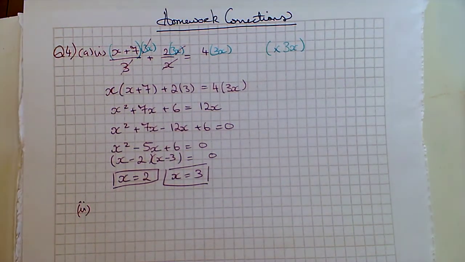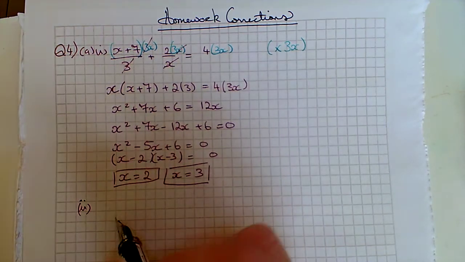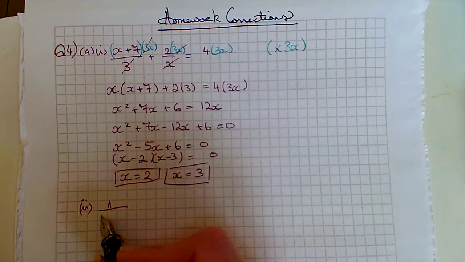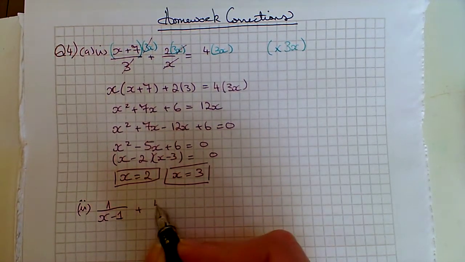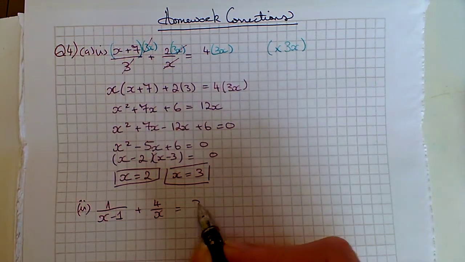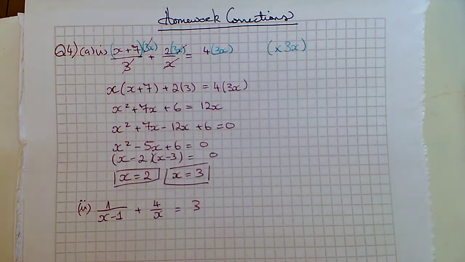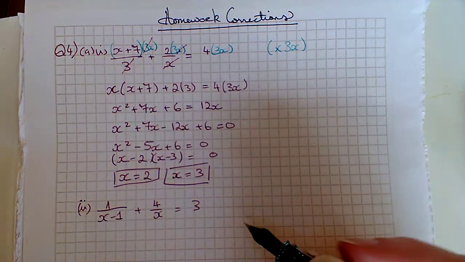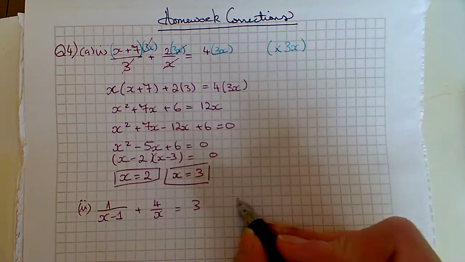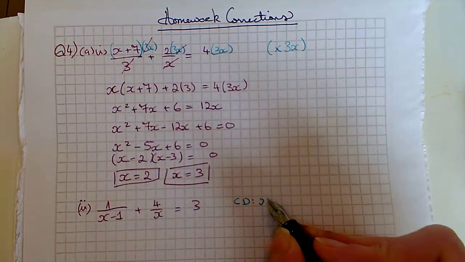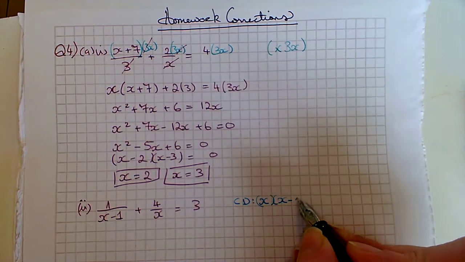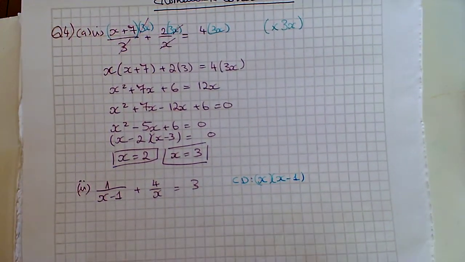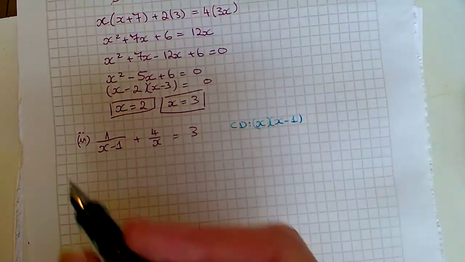Now for part 2, we're trying to solve 1 over x minus 1 plus 4 over x equal to 3. My common denominator for this one is in 2 parts. I have my common denominator is x by x minus 1. So both of them multiplied together like that is what I want.